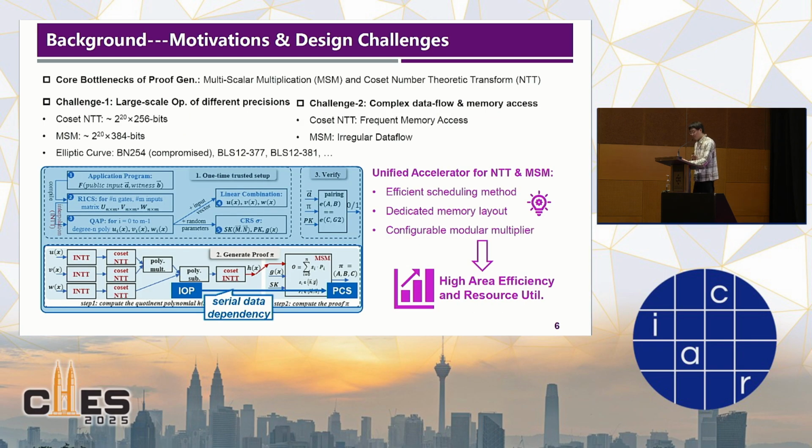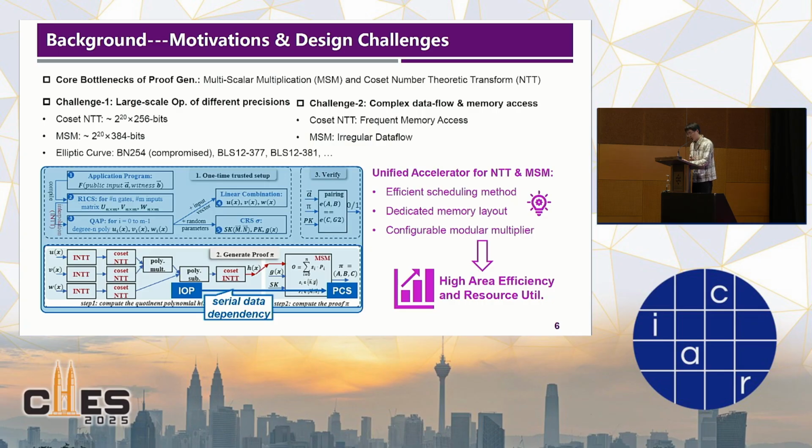As mentioned before, the core bottlenecks of the proof generation are MSM and NTT. From a personal view, the first challenge is the large-scale operations of different precisions. The vector size of NTT and MSM can be around 1 mega, and the operands can be hundreds of bits.